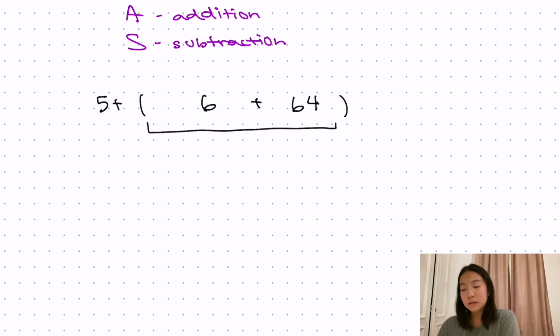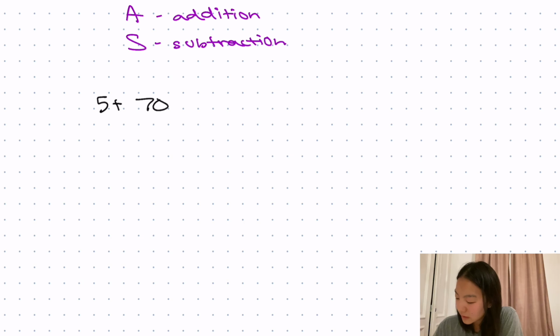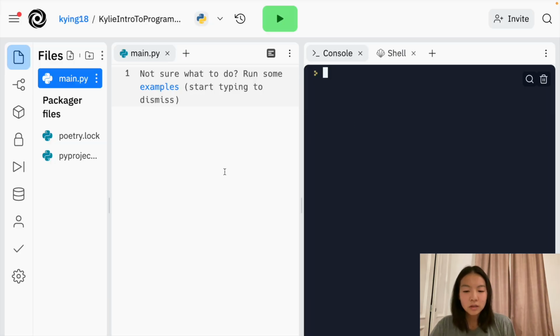And then the parentheses now reduces to 70, right? So I can replace all of this with 70, and we get 75. So let's go over to our console and see what we get. So we get 75, and it's exactly because of PEMDAS.